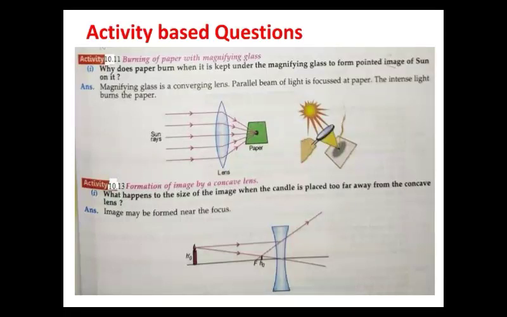You will observe a virtual, erect and diminished image. Note down the nature, and after that move the candle away from the lens and notice the size. Again we will see that the nature will be virtual, erect and diminished, but the image may be formed near the focus.